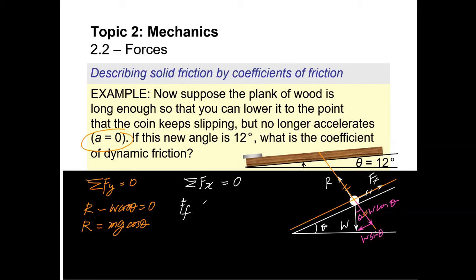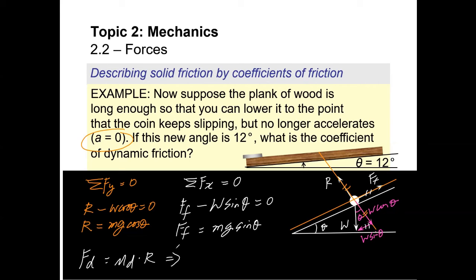Friction force minus W sine theta equals 0, that is, dynamic friction equals mg sine theta. And we know the dynamic friction equals the dynamic friction coefficient times R. And the question is asking for the coefficient of dynamic friction.